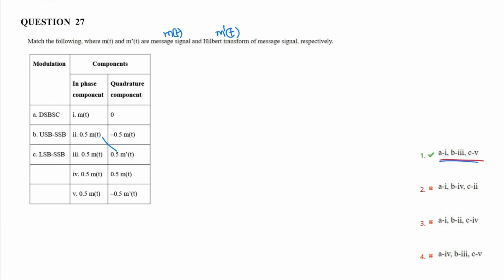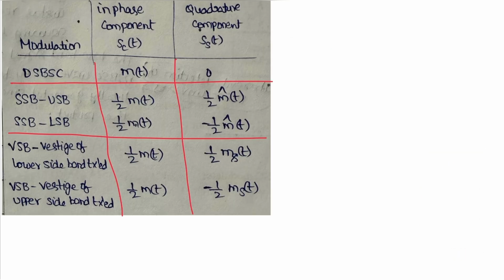For upper sideband SSB it is 2, and it is 3. So from here we have to draw the line. Next, for C it is 5. So this is the answer. For C it is 5. So the correct option is 1, from this tabular column.